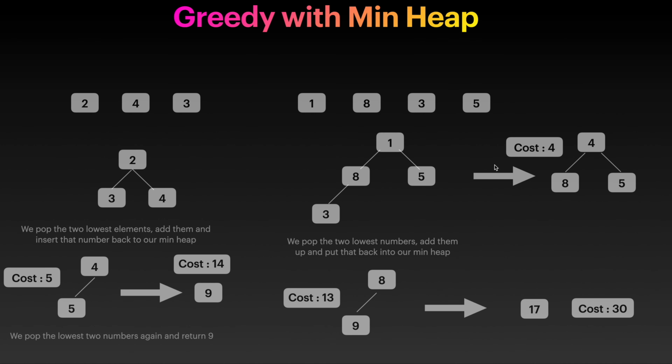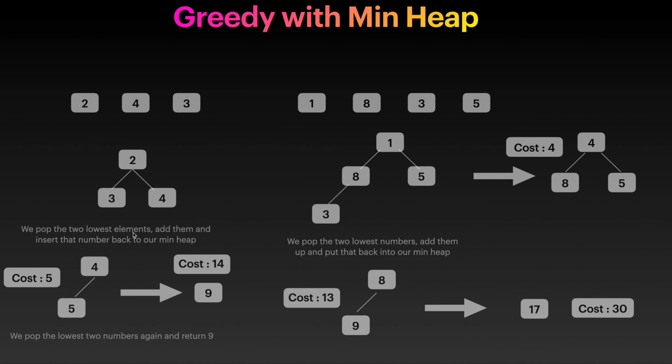So your cost will be 13, and then you are left with 8 and 9. And you keep going because you still have more than one element. So you connect these two, and then you are left with 17, and you add 17 to this cost, so your cost will be 30. Now you only have one number, you return this cost.